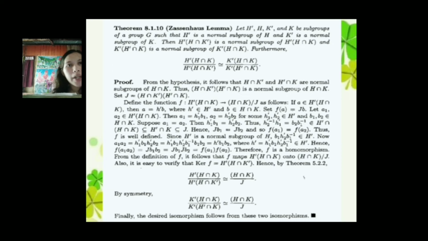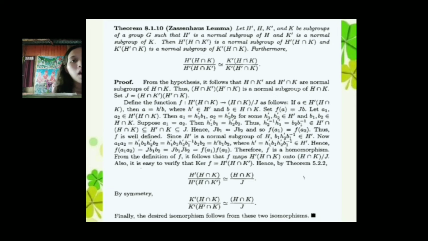Theorem 8.1.10. Zassenhaus lemma. Let H', H, K', and K be subgroups of a group G such that H' is a normal subgroup of H and K' is a normal subgroup of K. Then H'(H ∩ K') is a normal subgroup of H'(H ∩ K), and K'(H' ∩ K) is a normal subgroup of K'(H ∩ K).